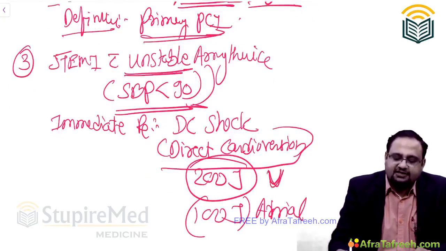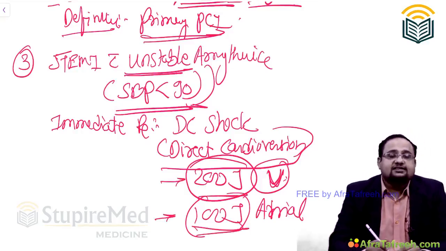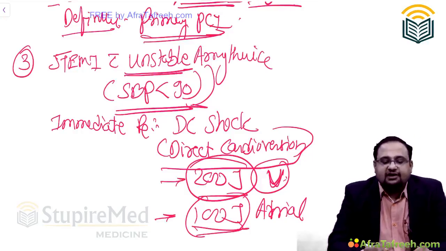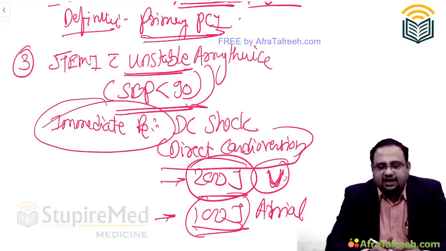For ventricular there is more muscle mass, so for ventricular arrhythmia 200 joules, for atrial arrhythmias 100 joules. When we discuss the ECGs and the arrhythmias part, at that time we will definitely discuss this. So the immediate treatment is DC shock, direct cardioversion, 200 joules for ventricular arrhythmia and 100 joules for atrial arrhythmia.